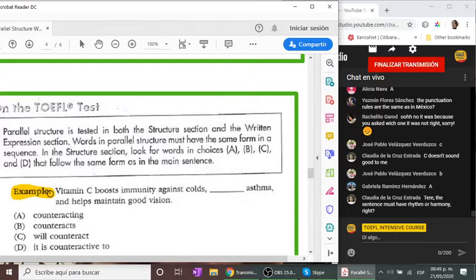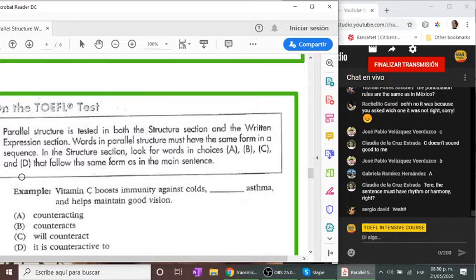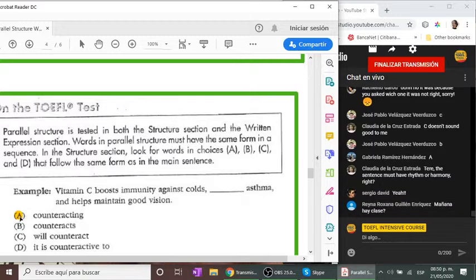Let's do this one. Vitamin C boosts immunity against colds. A. Counteracting asthma and helps maintain good vision. I don't know, there's a gerund there. B. Vitamin C boosts immunity against colds, counteracts asthma, and helps maintain good vision.